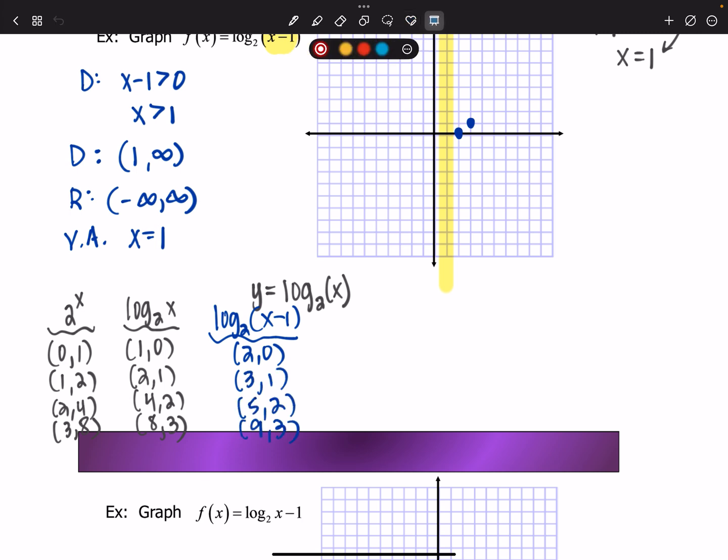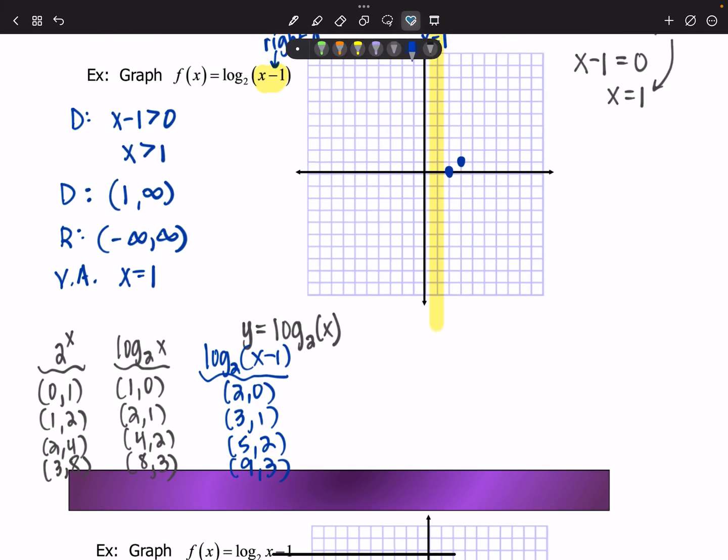Going right 1 impacts the x value. So when you go right, you're going to add 1 to each x. So that's how I'm getting those points. If it helps you to do it that way, you can, or you can take all the original points and just translate them as we normally do.